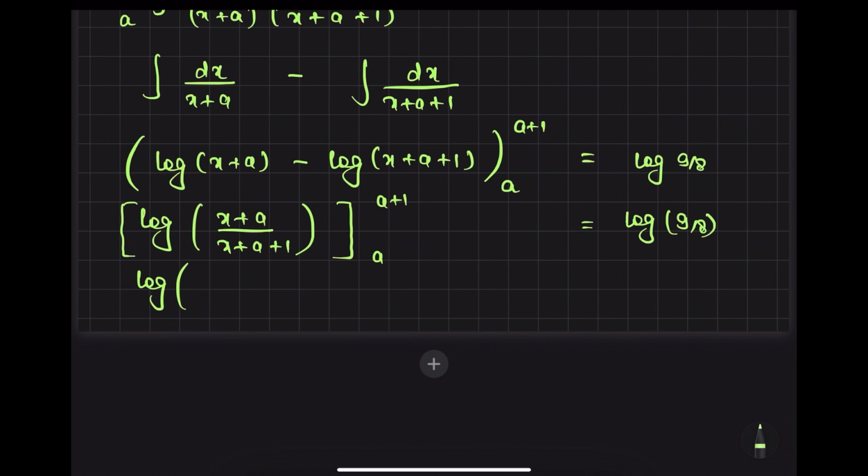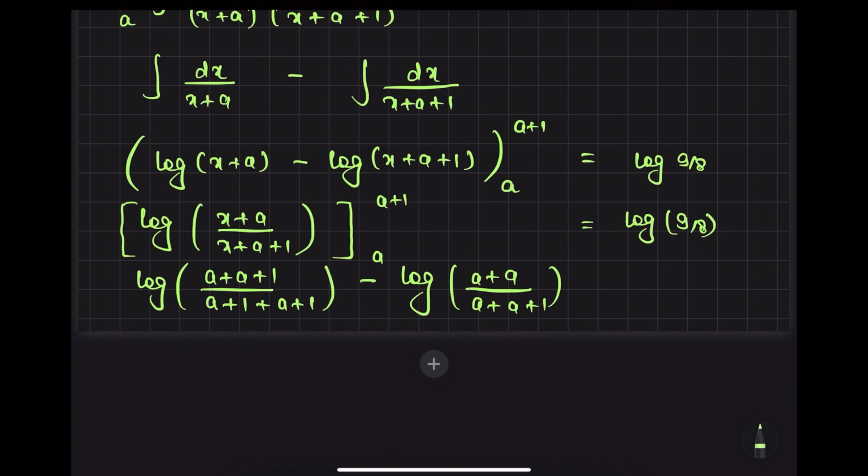So a plus 1 upon a plus 1 plus a plus 1, minus the lower limit, log a plus a upon a plus a plus 1. So we put the upper limit and the lower limit, equals log 9 by 8.